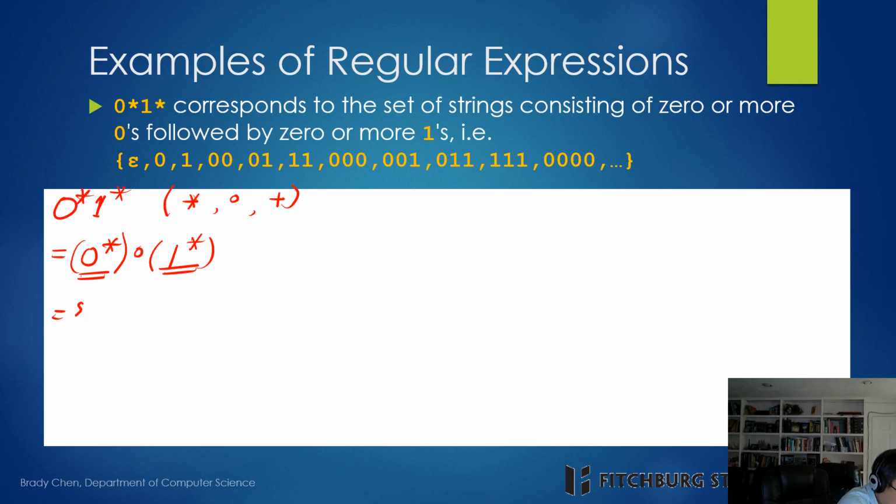The first one is epsilon, 0, 00, 000, and so on. That's the Kleene star of 0.